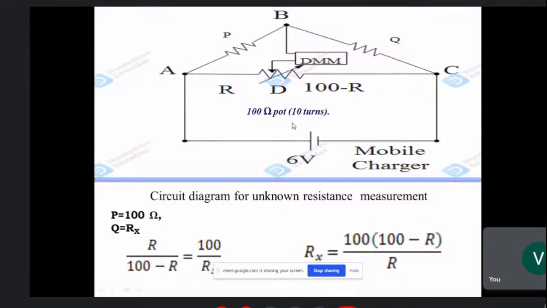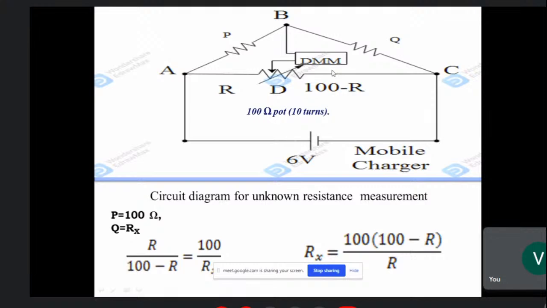So this circuit can give the resistance from A to D. If A to D is R, then D to C is 100 minus R. That means P, Q, R and S, where S is 100 minus R. So we can put the DMM here, and when the DMM current is 0 after connecting this circuit, that means the bridge is balanced.